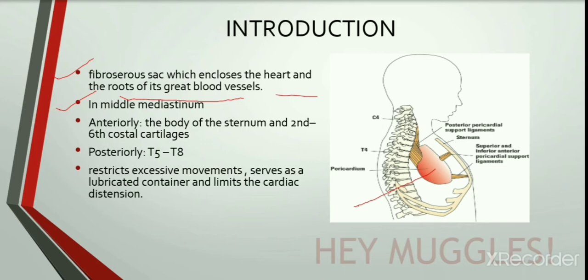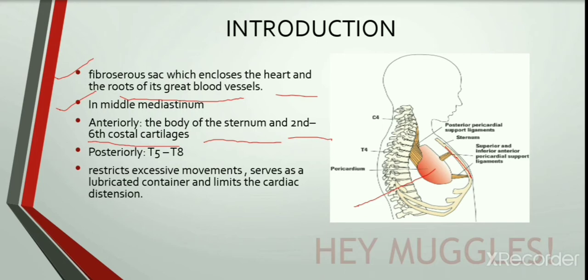Anteriorly, there is the body of the sternum. Anterior to the pericardium, we have the sternum, and second to sixth costal cartilages. The costal cartilage connects your ribs to the sternum.